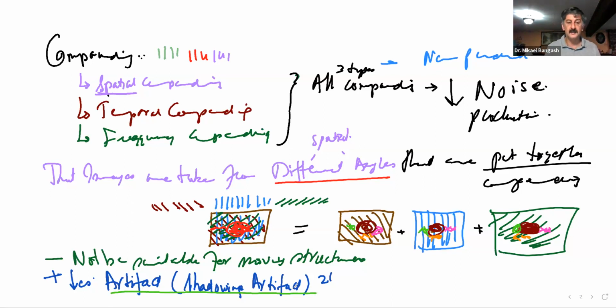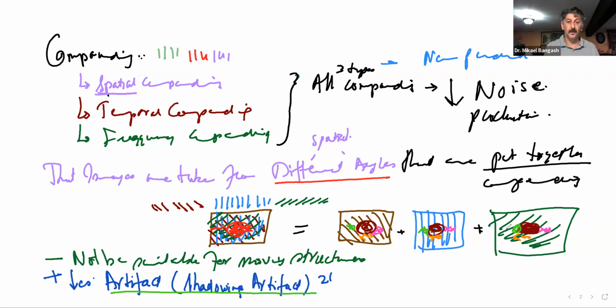So one of its main advantages is that it enables you to reduce this artifact here, which we'll call a shadowing artifact. But the main reason that we have a shadowing artifact is that maybe there is a structure in the path of your pulses or beams, where the nature of the structure is going to cause it to cast a shadow at the deeper side of the structure.